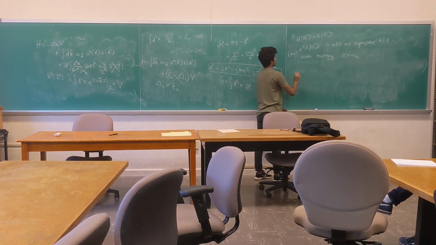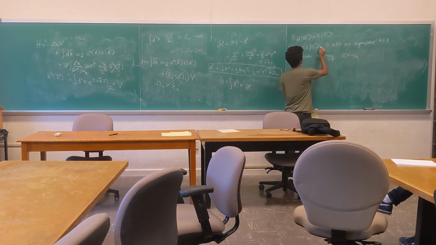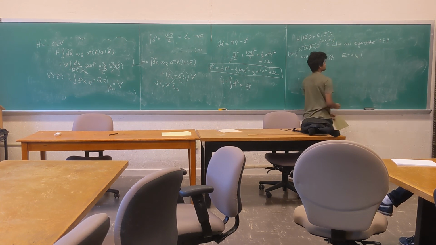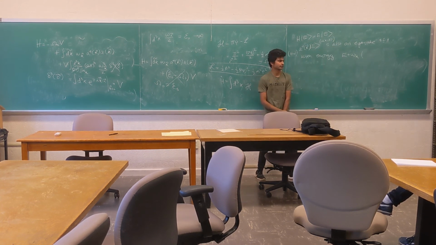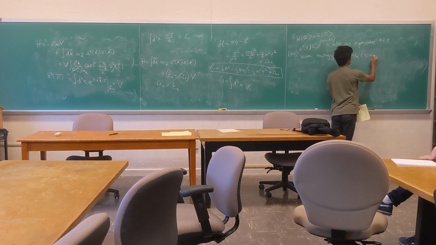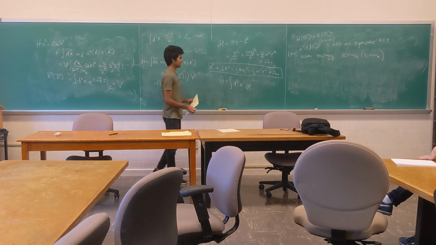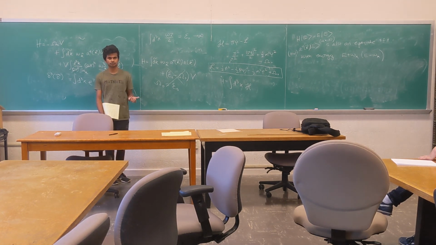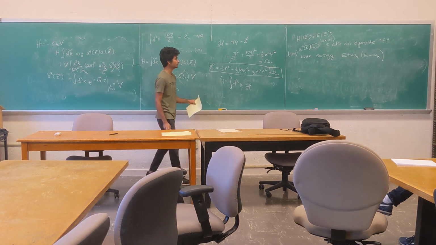So if I have A acting on E instead of A dagger, what would be the energy? Minus omega, right? And the Hamiltonian is positive definite, meaning it cannot have eigenvalues less than 0. Why is that? It's very easy to prove.